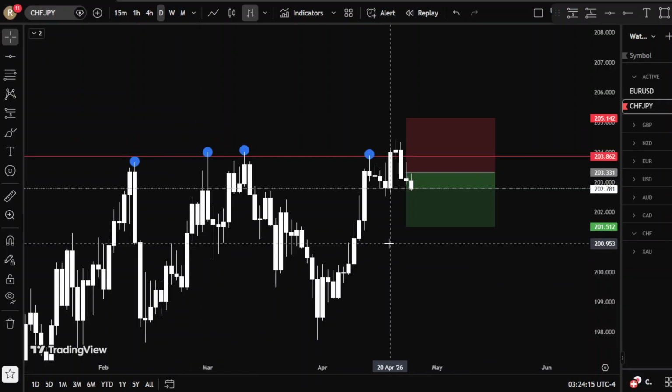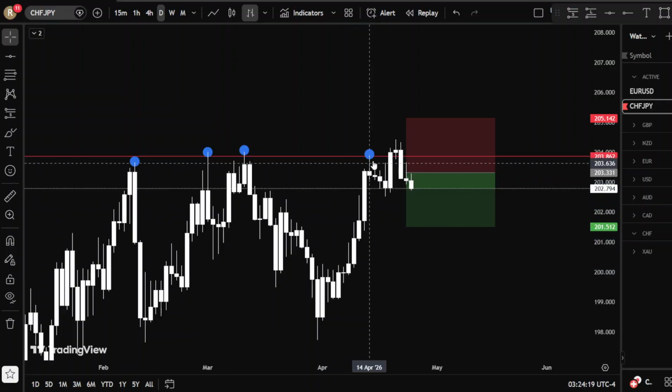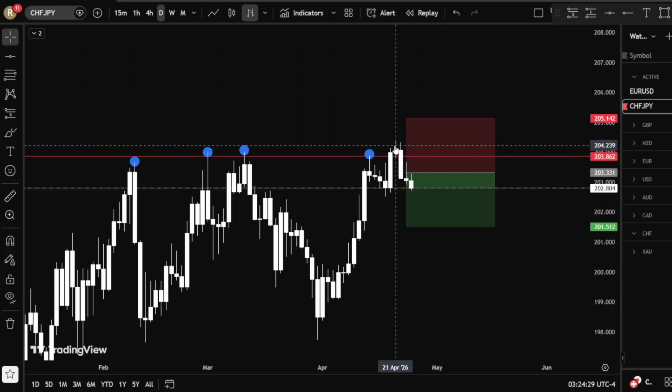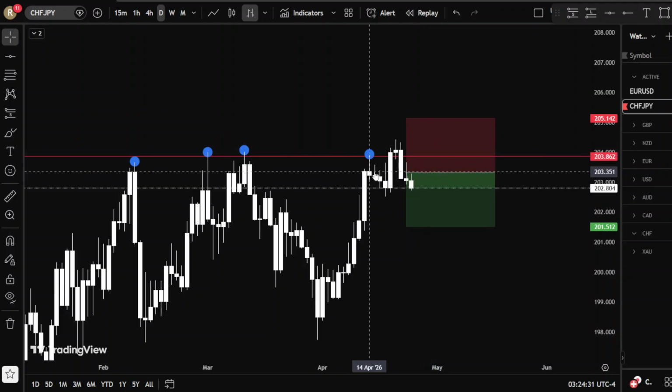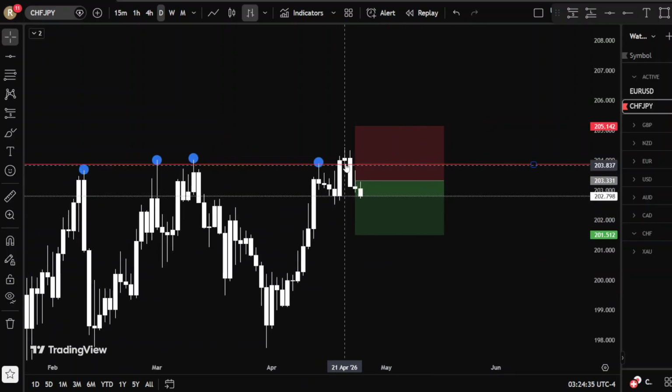So when price gets up there, before it actually got up here or up here, I had already an alert. When I got the alert on the phone, I started to look for price to reject from that area, which it did. You can see here it started to reject.